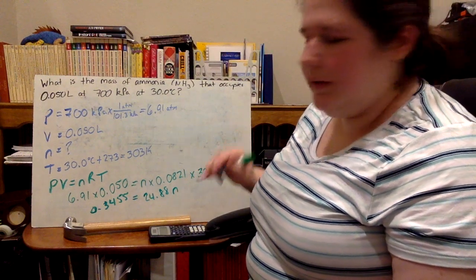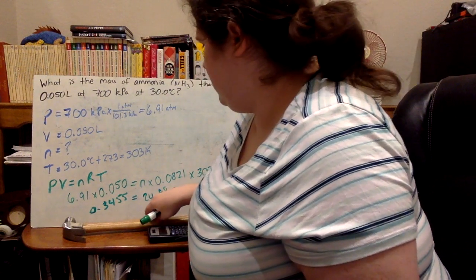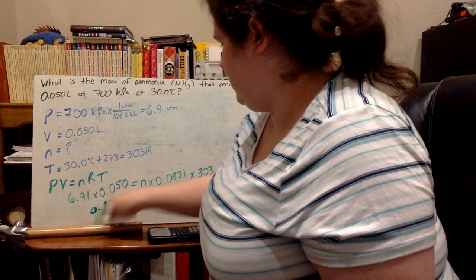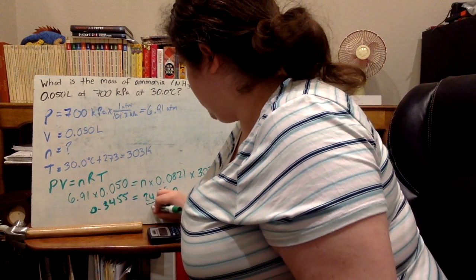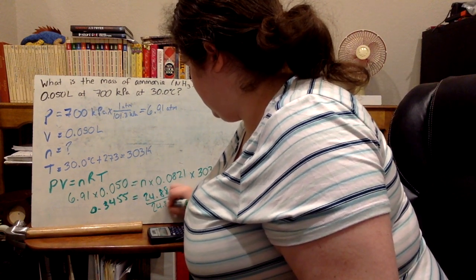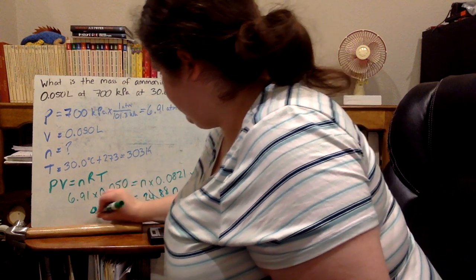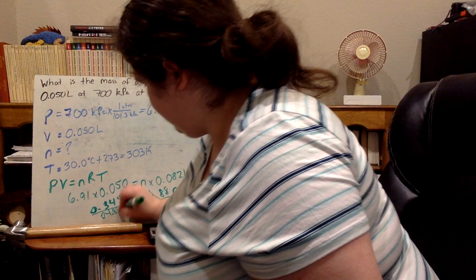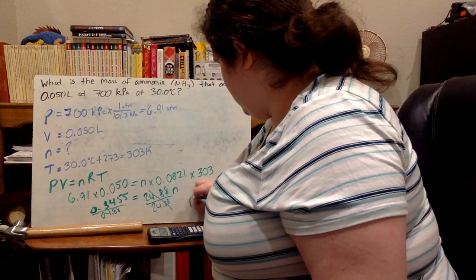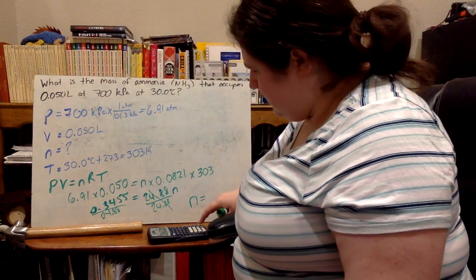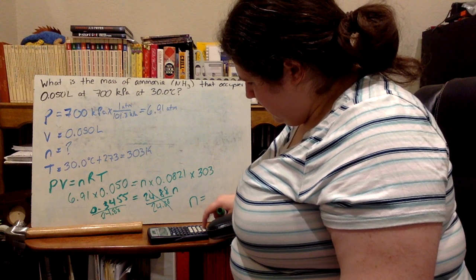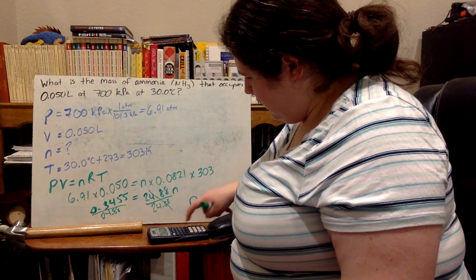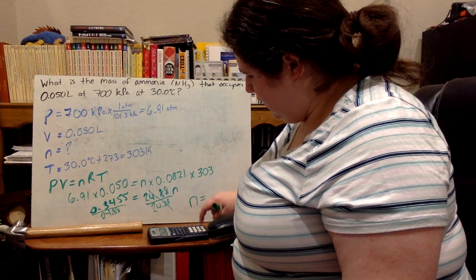I want n by itself, so we're going to divide by 24.88. So that my n, number of moles, is 0.3455 divided by 24.88.